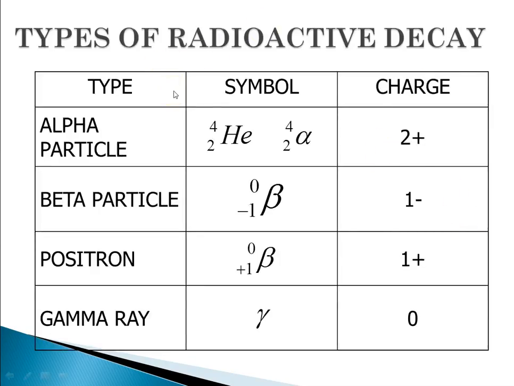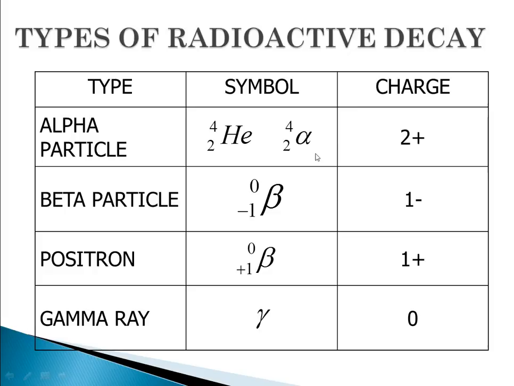So this chart is broken down into types of radiation that we just mentioned, the symbol that we use, and the charge. So the first, the alpha particle, we use either the symbol for helium because it's equivalent to a helium nucleus, and you'll notice that there is a charge of 2 and a mass of 4, and then we also talk about using the symbol for an alpha particle.